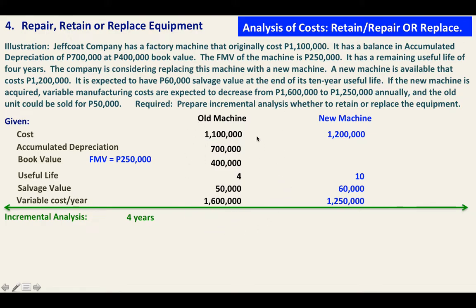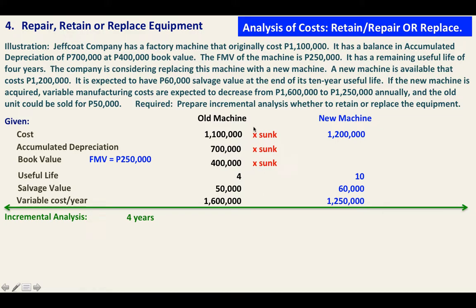As we have learned, the cost is already history, so this is already a sunk cost. So it's not relevant in our analysis, as well as the accumulated depreciation and the book value, because we cannot do anything on this anymore. Okay.